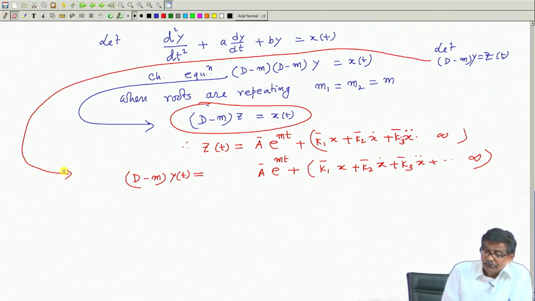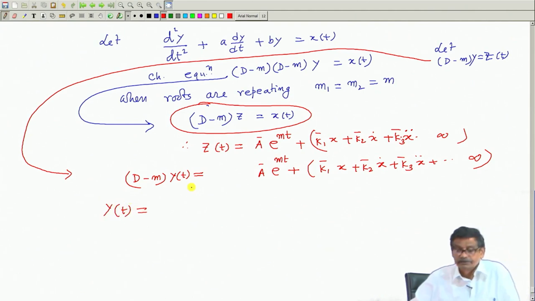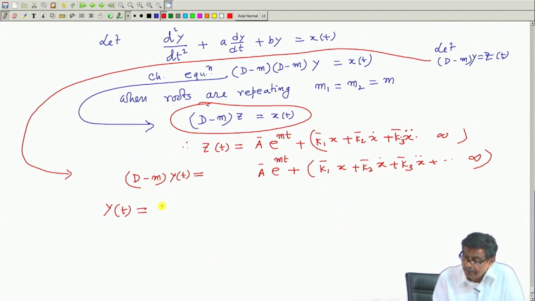Therefore, what will be y t? This part is most interesting now. Y t, the total solution, will be what? It is a first order differential equation. It has a characteristic root m.